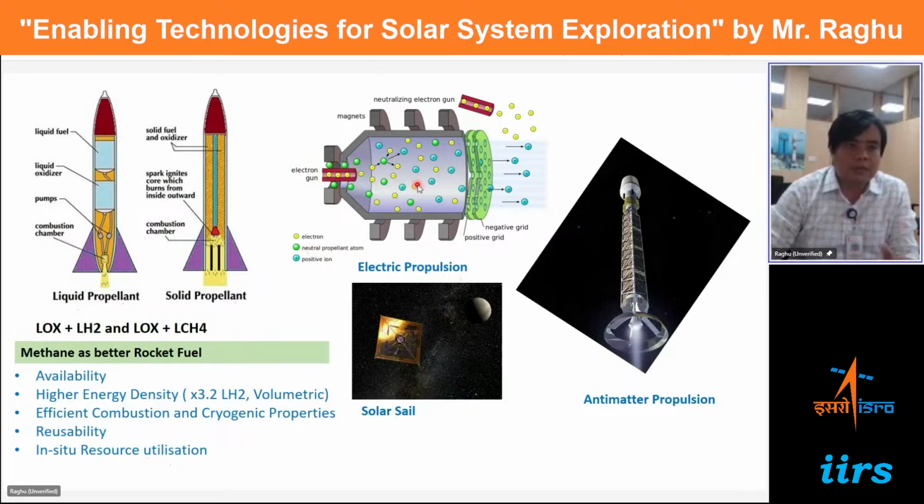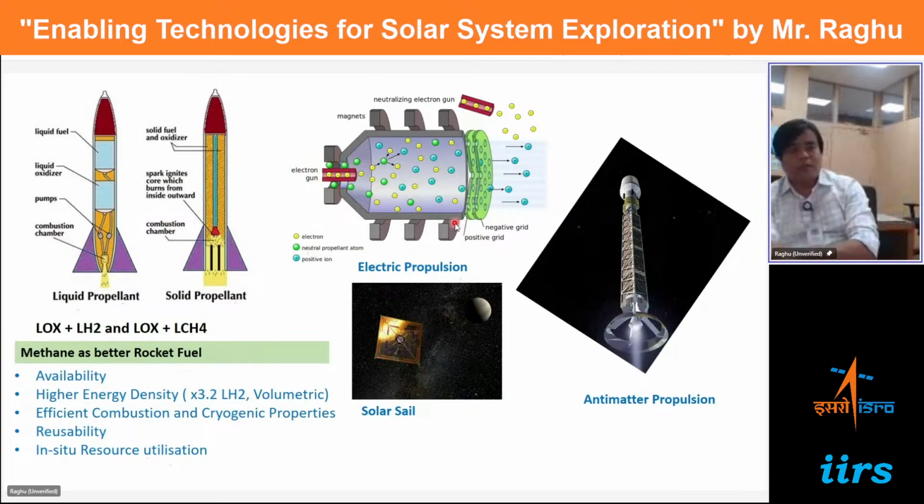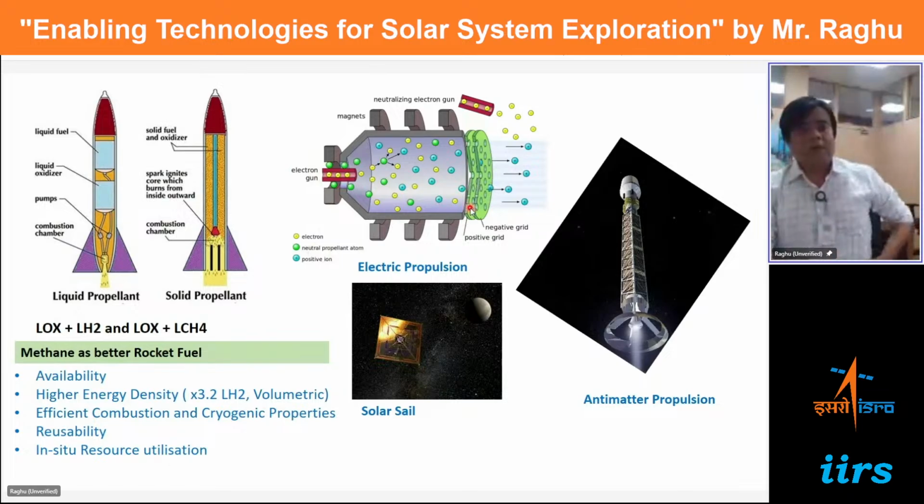Ionization means it creates electrons and ions, positive ions and negative species. Using ion optics, these positive ions come out through an exhaust, and because of that the thrust is created. There are various variants of electric propulsion, but it has a higher Isp than either the solid or liquid versions.